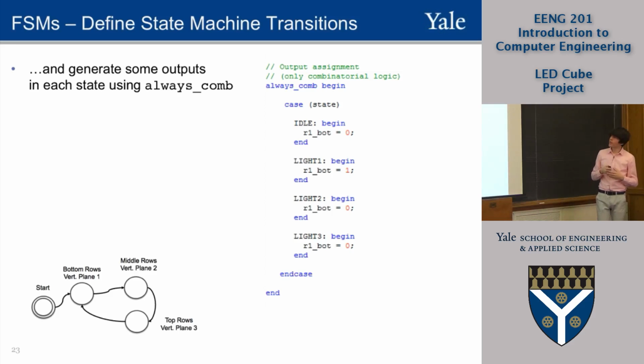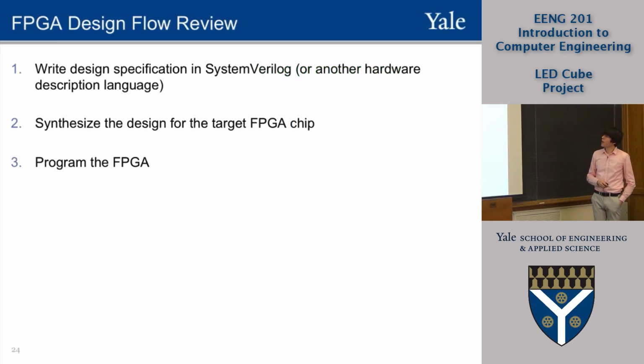So in the lab manual we'll give you a fuller example of the state machine, including how to define the states, how to do the state transitions, and how to generate the output. And as a final review, you write your specification in SystemVerilog. In this case, you'll be writing these state machines.